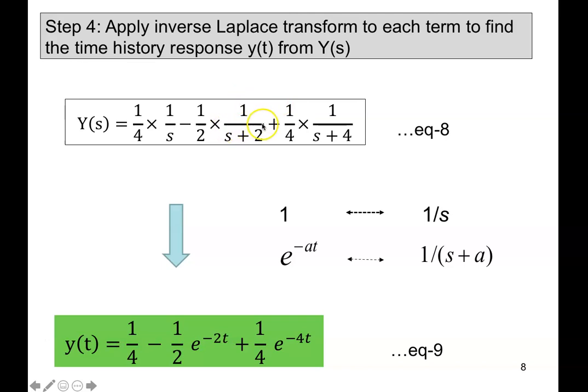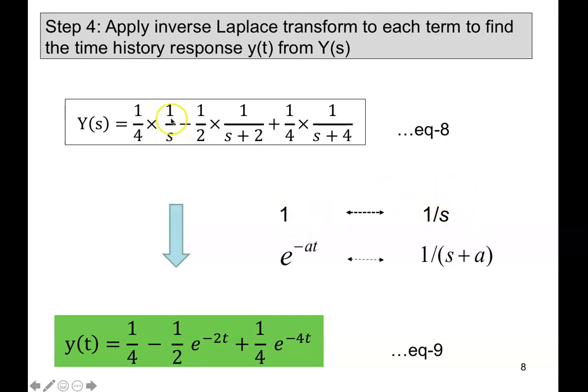1 over s plus 2, if you think about exponential functions, 1 over s plus some constant a corresponds to a time domain e to the power of minus at. So a here equals 2. Okay, I'm doing the inverse from right to left.